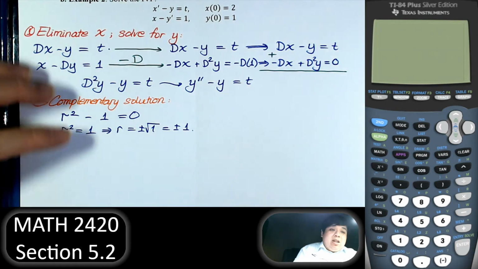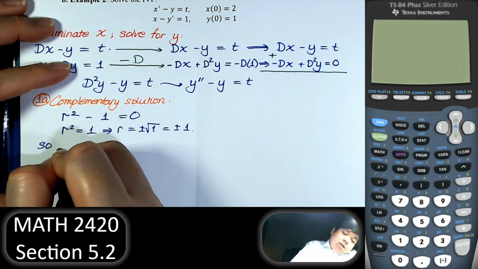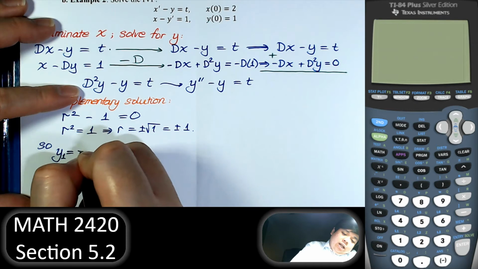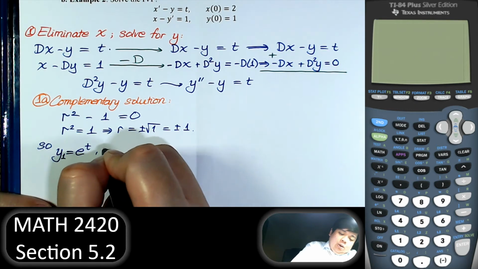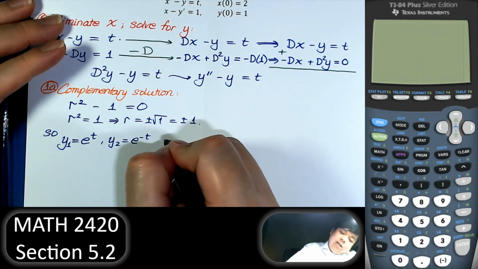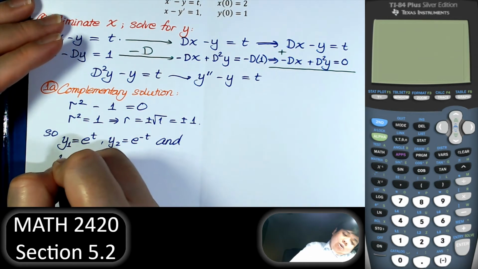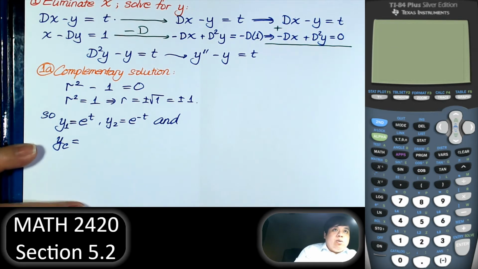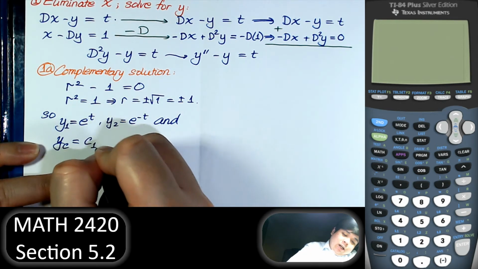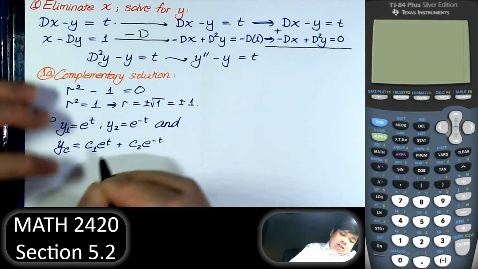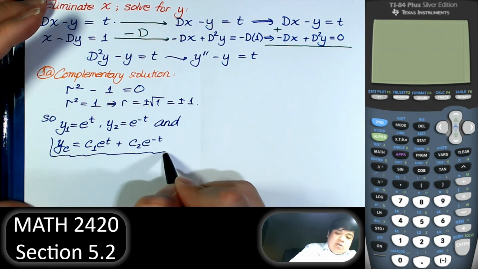So the complementary solution: y1 equal to e to the t, y2 e to negative t, and complementary solution is equal to c1 e to the t plus c2 e to negative t. So that is the complementary solution.